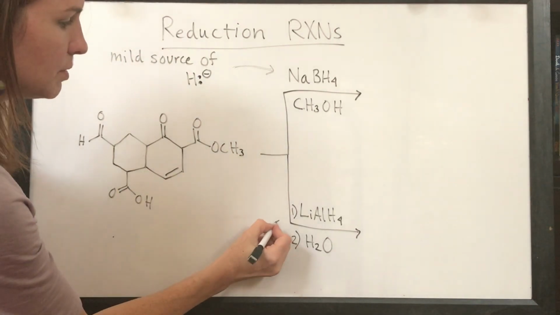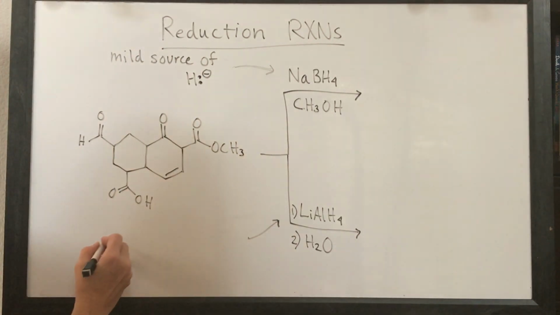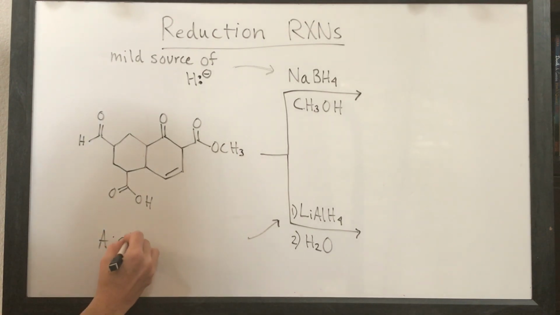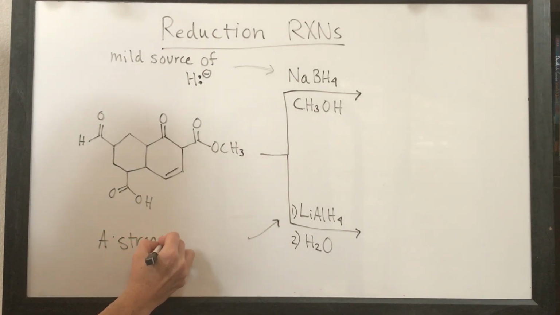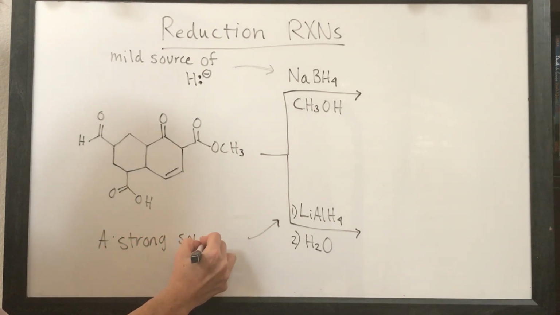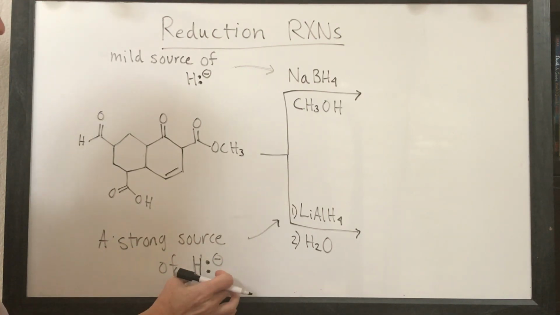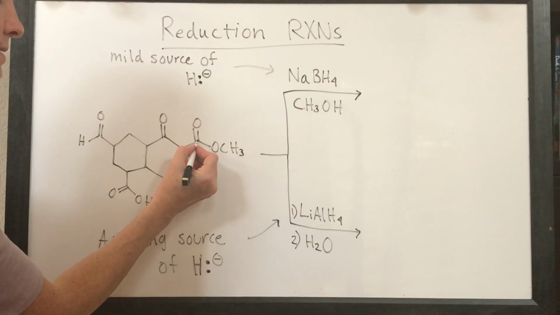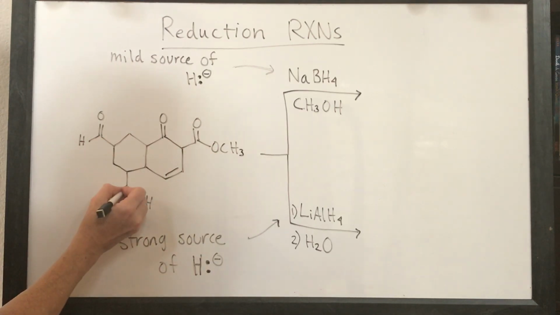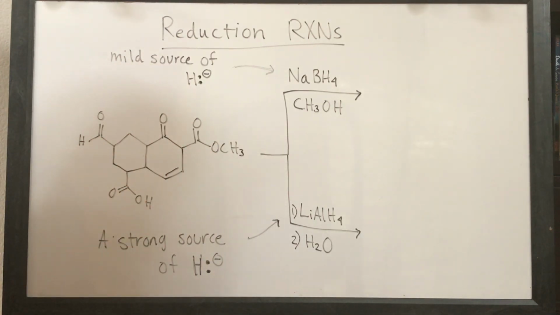And then lithium aluminum hydride is the strong source of a hydride ion, H minus. Notice it's a hydride ion, not a proton. We're not writing H plus. This is a really strong nucleophile, which makes it a great reducing agent because it will attack these carbonyl carbons that all have partial plus charges.